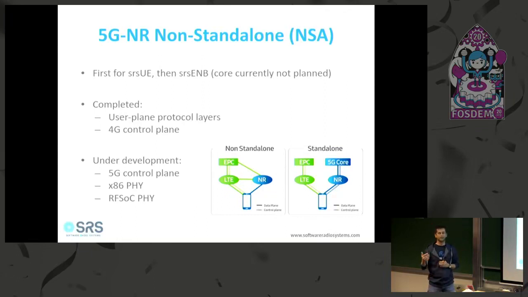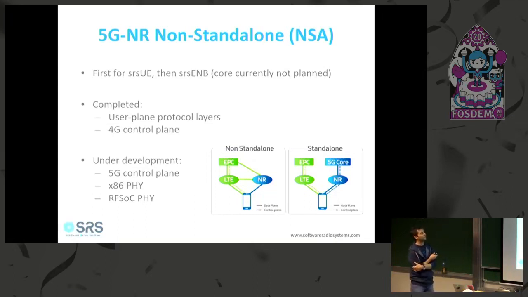So the UE can ask to enable a 5G bearer, and then you have additional capacity and an additional channel that goes over NR. But you always need 4G, so there's no way around it. As opposed to standalone, where you really have a 5G core, a core network that exists and speaks the 5G language and can really run independently, standalone, as the name says.